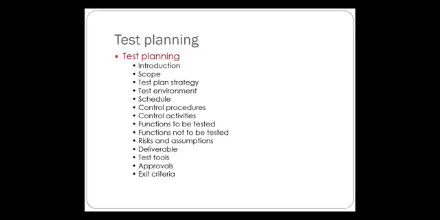Similarly, functions to be tested and functions not to be tested, they will be identified in test planning, and risks and assumptions and the deliverables, the test tools which you are going to use in your testing procedures, and approvals, and finally the exit criteria.